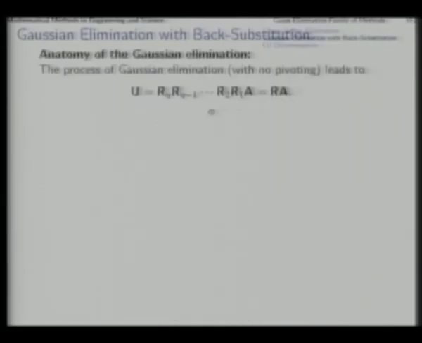So, when we try to explore the anatomy of this Gaussian elimination process, we found that the matrix A was sequentially operated over by a large number of elementary row transformations, equivalent to pre-multiplication with corresponding elementary matrices R1, R2, R3, R4, etc. The result was a matrix U, which is upper triangular.